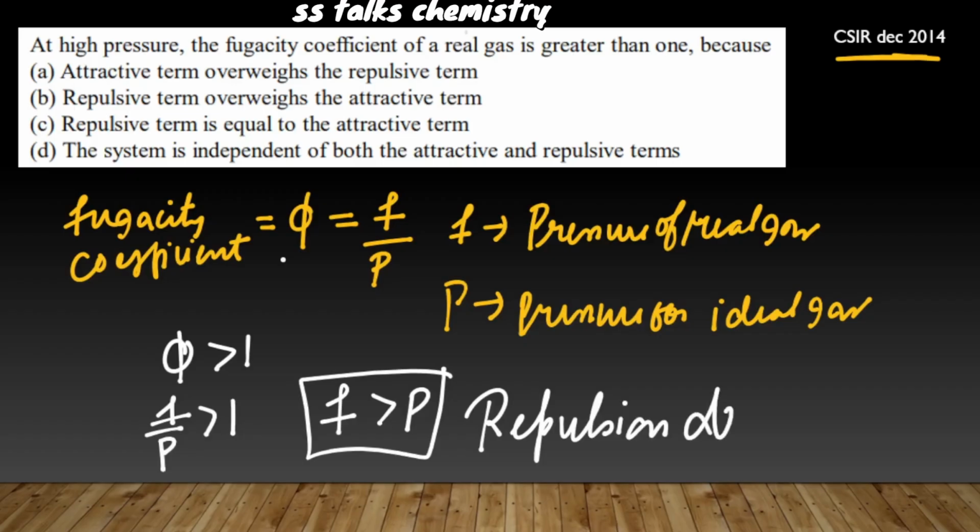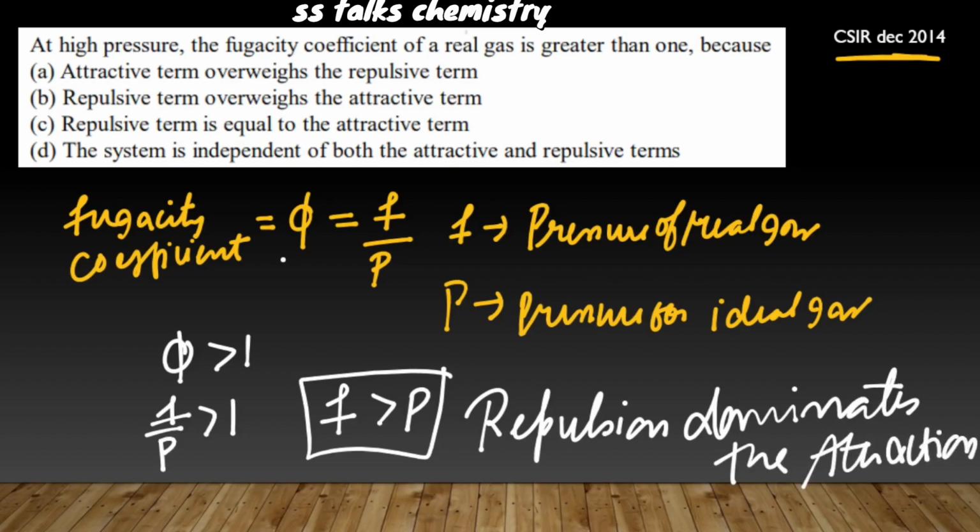Repulsion dominates the attraction. That is why they are producing a large amount of pressure on the walls of the container. And so clearly it says that the repulsive term overweighs the attractive term, option B, which is saying this thing as true. I hope the concept is clear.